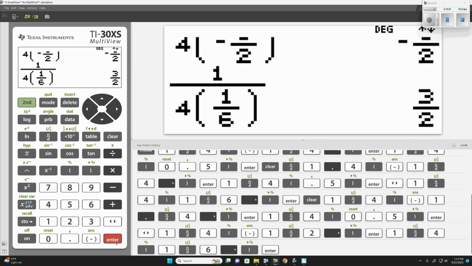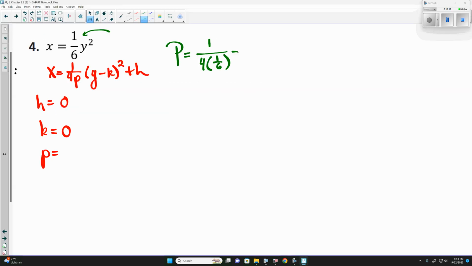Enter, we get 3/2. So the value of p in this case is 3/2. Now it's not asking for the vertex, but I'm going to keep including it as the point 0, 0.